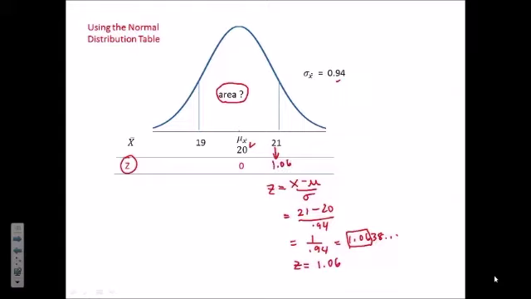Similarly, to change 19 to a z-score, z equals 19 minus mu over sigma, and you'll see that that comes out to negative 1.06. That should make sense because of the symmetry of the curve. 21 is 1 inch above the mean and 19 is 1 inch below the mean, so their z-scores should be opposites of each other.